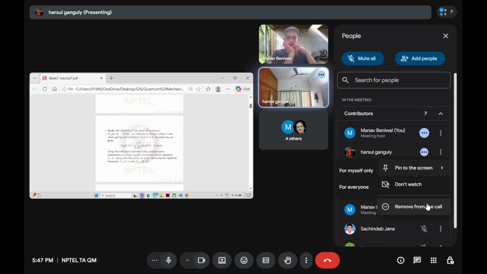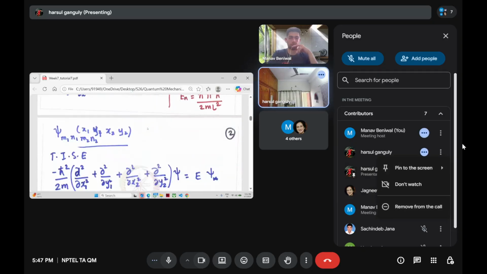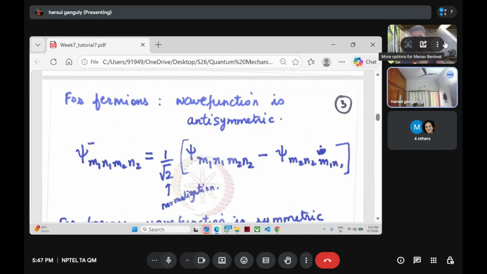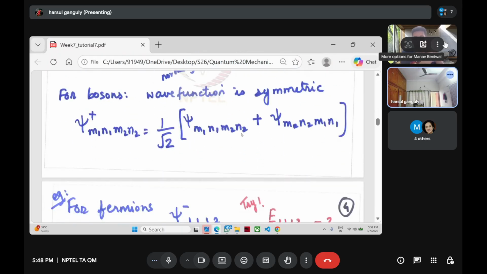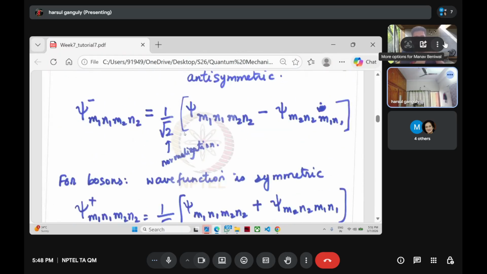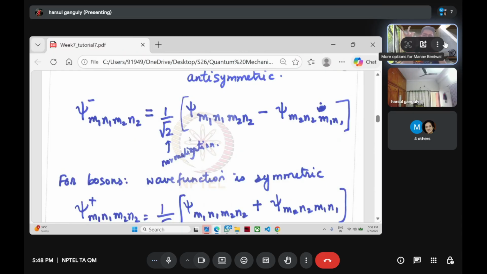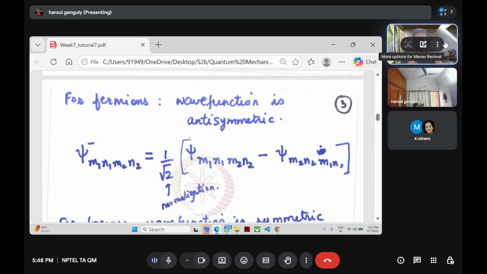And one more thing, sir: here they came up with this wave function for fermions being antisymmetric, and for bosons it's symmetric. This is okay for a fermion.